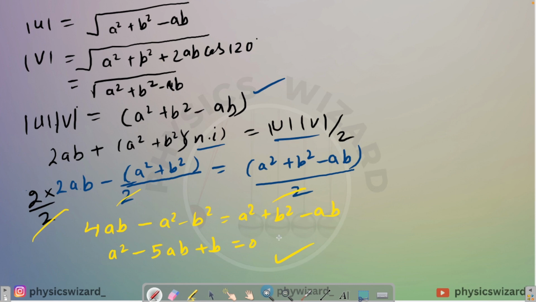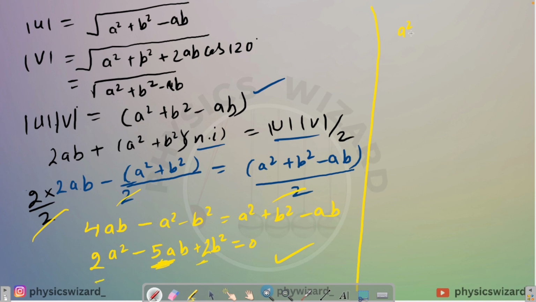Now this is the quadratic equation. We can find the roots for this quadratic equation very simply. Actually it is 2a square and 2b square. Split this 5 in such a way that their multiplication is 2 into 2, 4, and sum is 5.